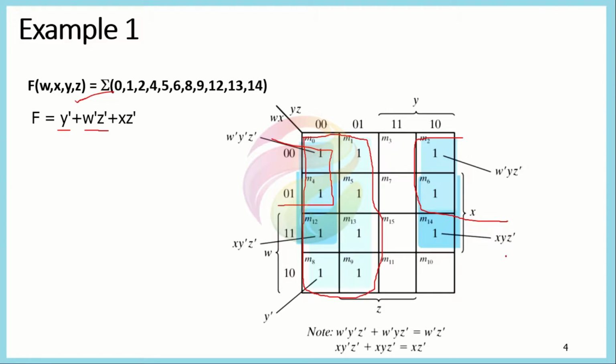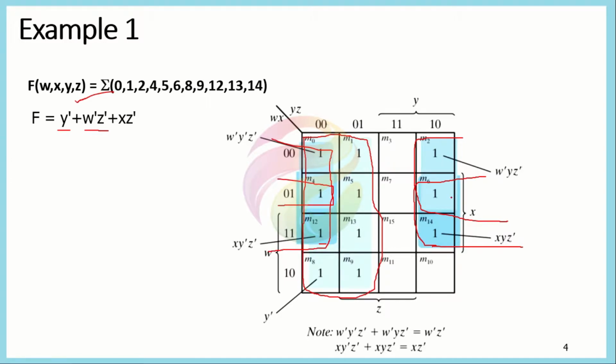Now we will see if there is any other possibility of 4, because we could combine this one with this one. These two could combine, but if we are able to combine them in a form of 4 instead of 2 adjacent boxes, then that will give a more minimized term. So we can combine this one with this one, and this one with this one.